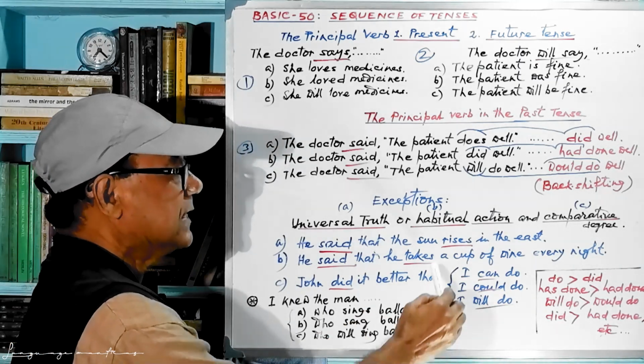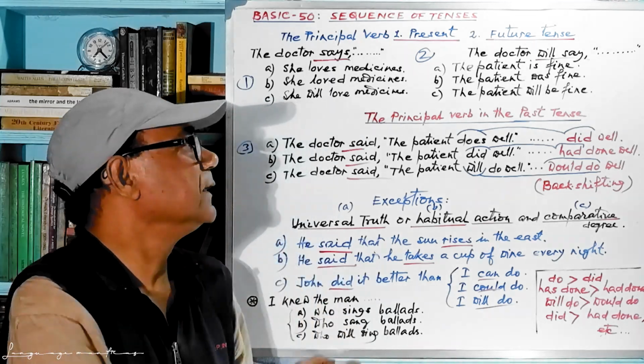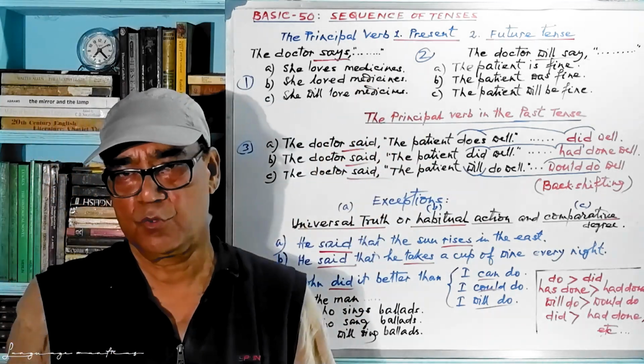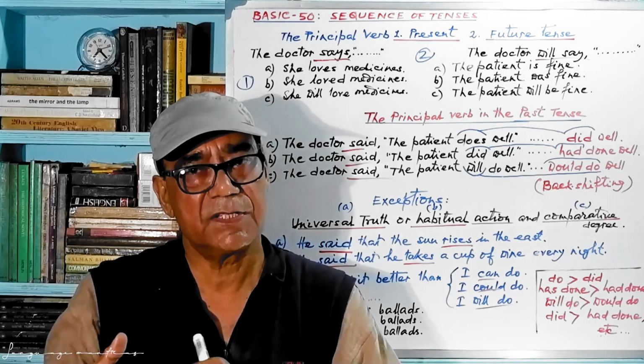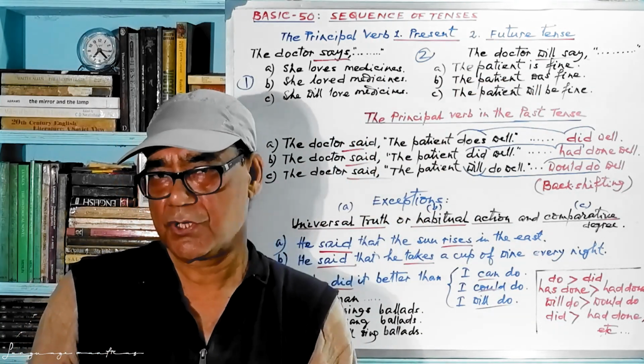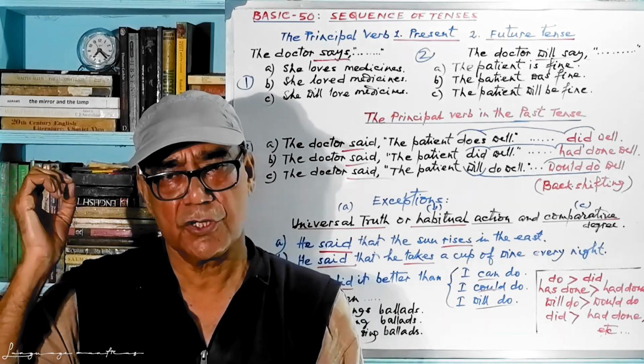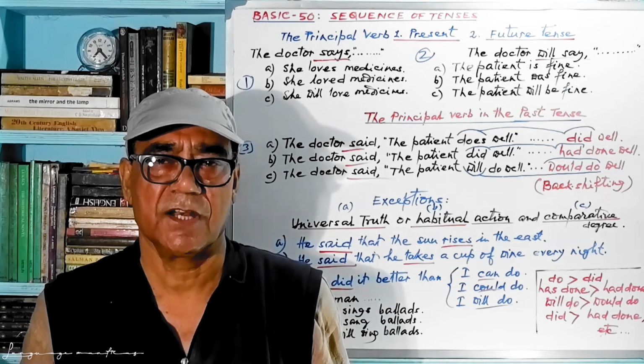So logically, this is acceptable. If you remember these 3 or 4 items we have discussed, so far as the sequence of tenses is concerned, you can write almost 95% right.